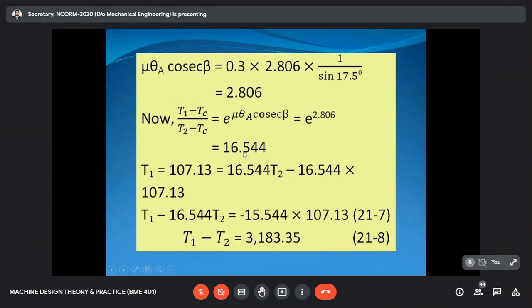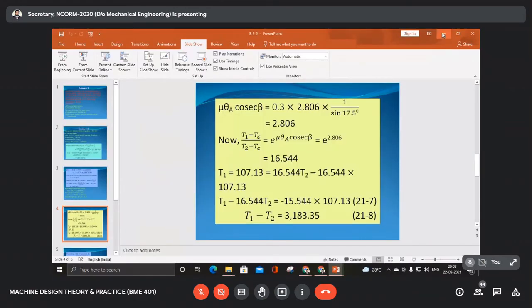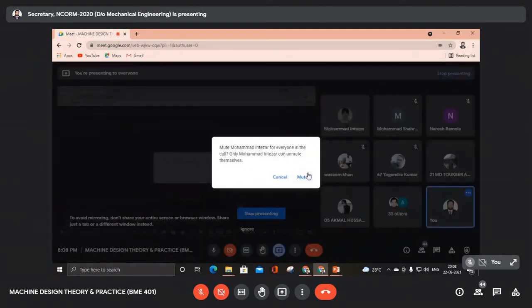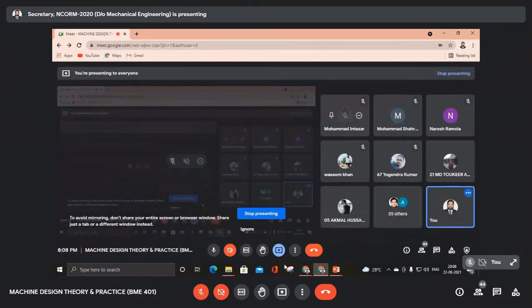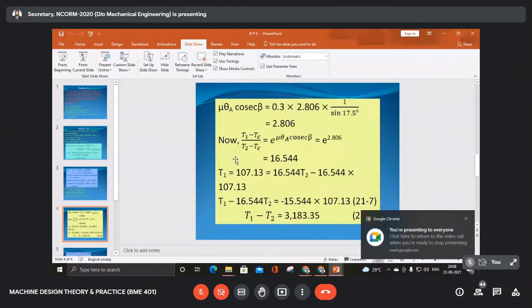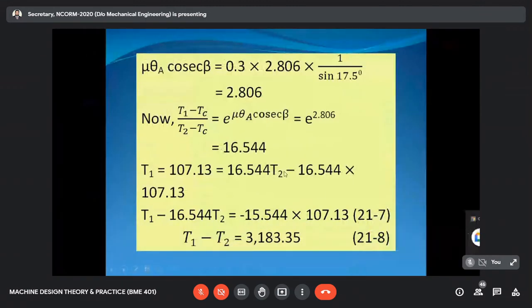So when you will solve it, you already have T1 minus T2.